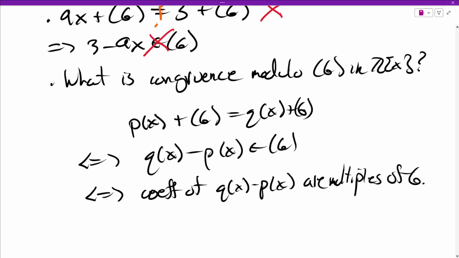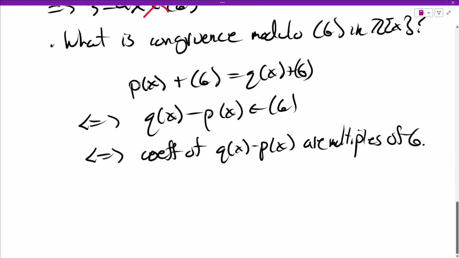Okay, so that's the criteria for being congruent. You take the difference of corresponding coefficients, and you see if they're multiples of 6. And that's all congruence modulo this ideal means in this ring.